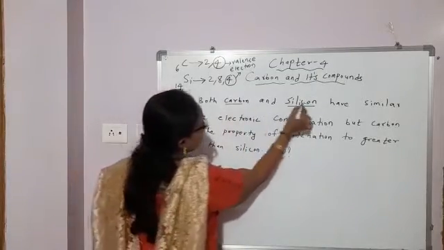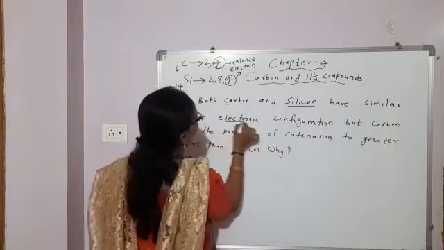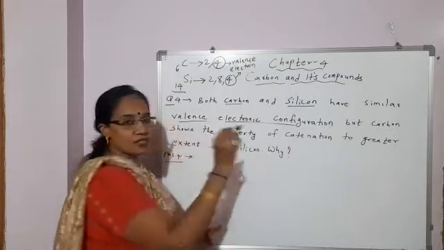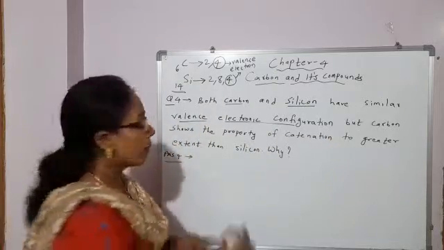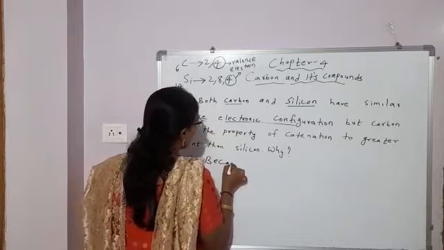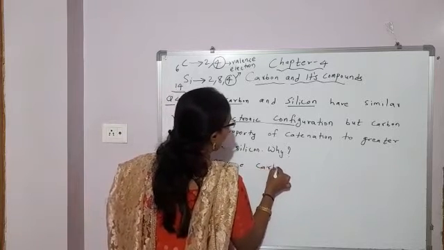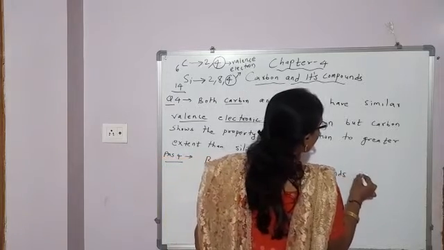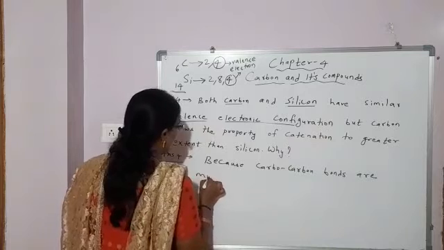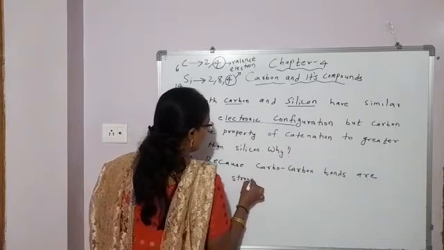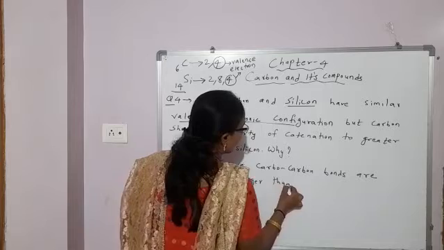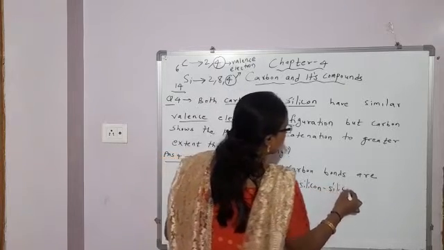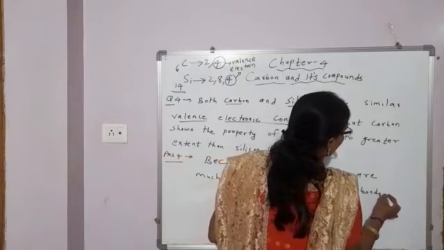So why do both carbon and silicon have similar valence electronic configuration, but carbon shows the property of catenation to a larger extent than silicon? Because carbon-carbon bonds are much stronger than silicon bonds. Why?